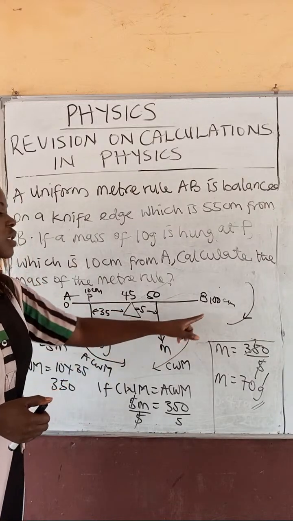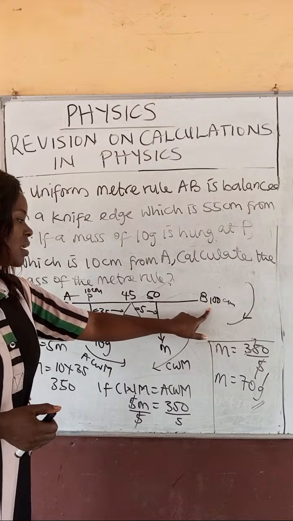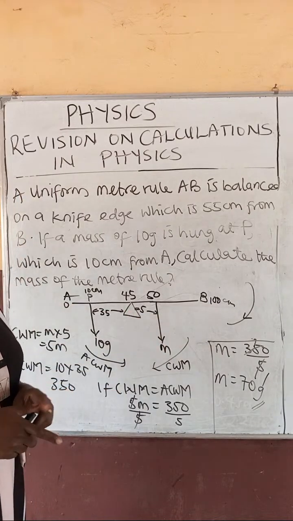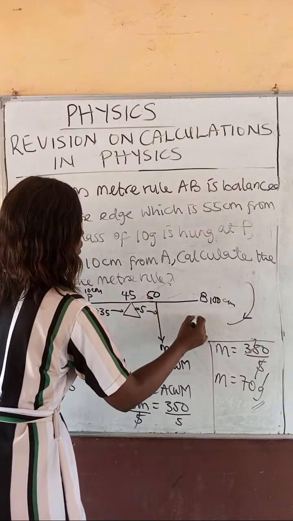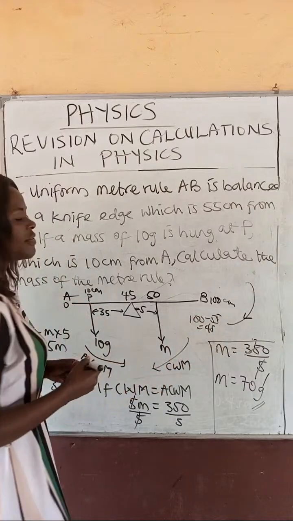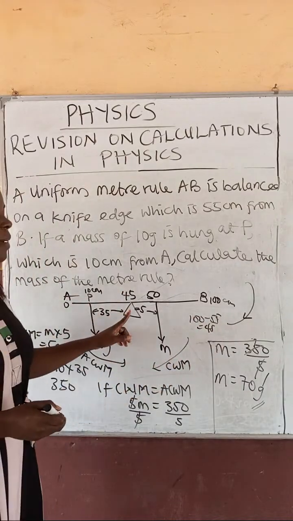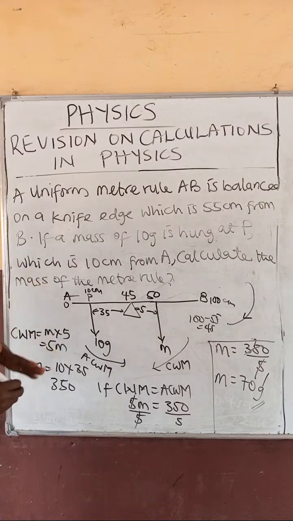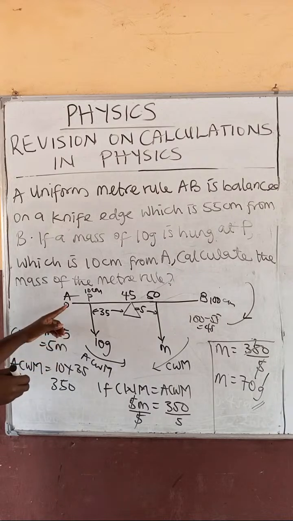Okay? So if it was balanced 55 cm from B, where are you going to place it? You find the difference by saying 100 minus 55, which is going to give me 45 centimeters. So this is where I place the knife edge, at 45 centimeters. Okay? Now, if a mass of 10 grams is hung at P, which is 10 cm from A, what is my A?